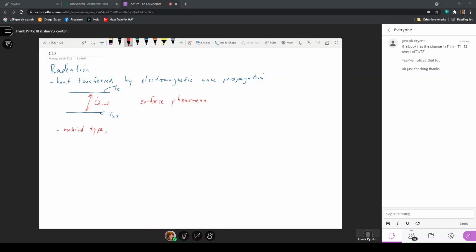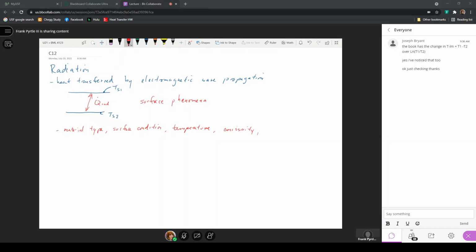We have to consider the surface condition. Is it polished? Is it rough? Are there layers of some other substance over the top? We also have to consider the temperature of the surface. And through the material type and the surface condition, those give rise to expressions of the emissivity of the surface.